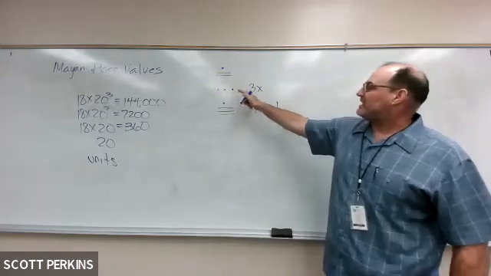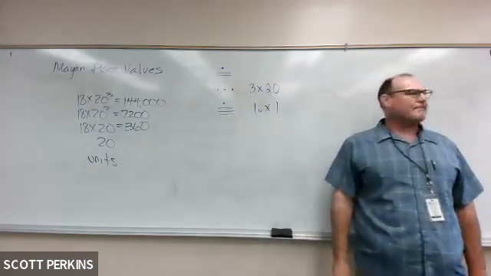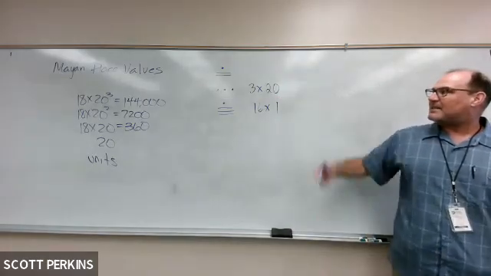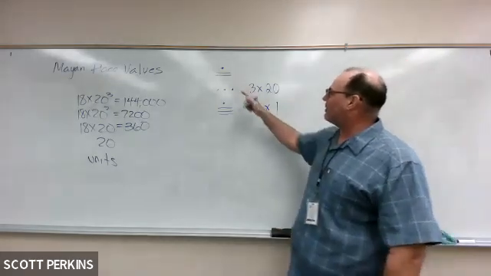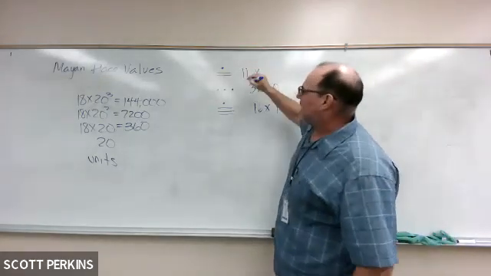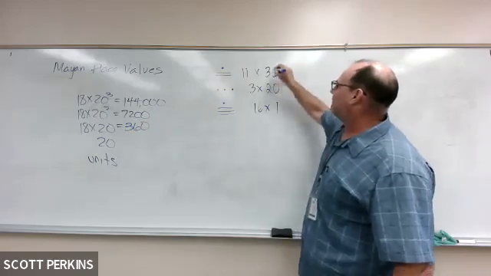So the next one is 3 dots. So that's 3 times 20. That's 3 groups of 20. And then the top place, this is the one little twist to the Mayan system you have to remember. I've got 11, and that's 11 groups of 18 times 20, or 360.